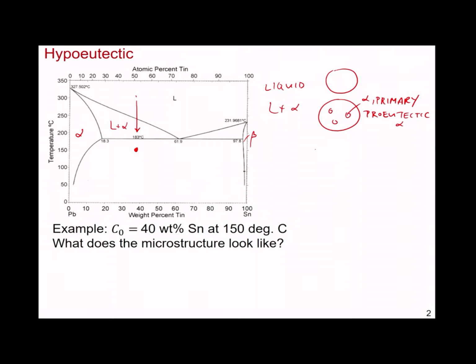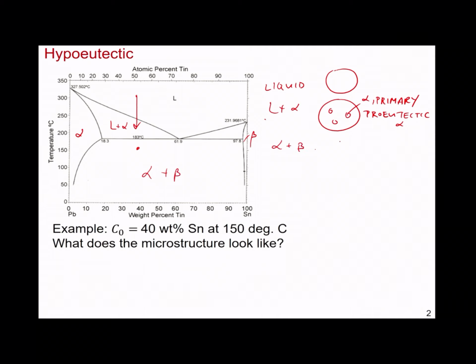And then below 183 degrees Celsius, I'm going to erase that just so you can see it a little bit better. Below that, you're going to have a different microstructure. So here you're in this alpha plus beta region.